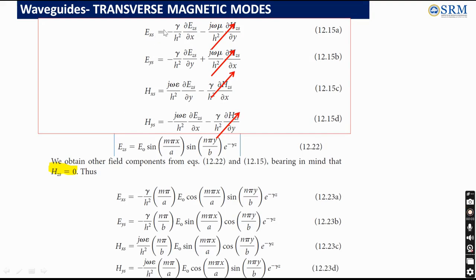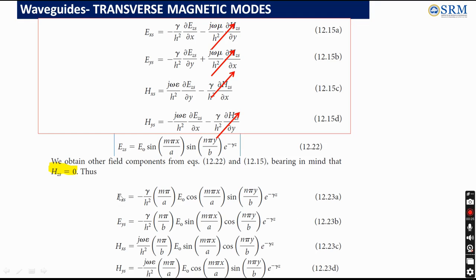We are going to find Ex, Ey, Hx, Hy from the known value of Ez by partially differentiating this particular expression with respect to x and y. So we already know that in transverse magnetic mode, Hz is 0. I have just written out the second component.